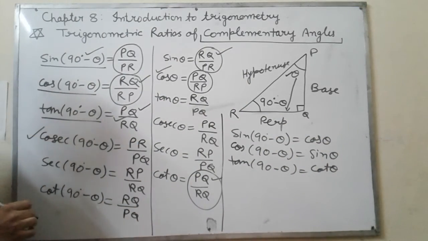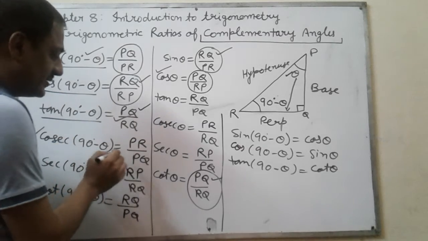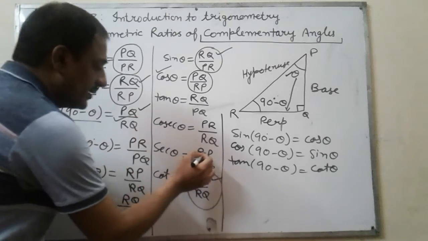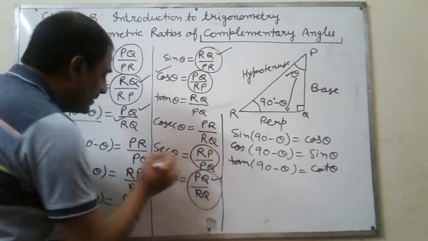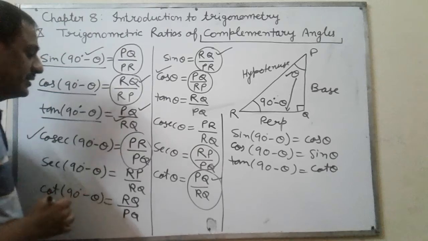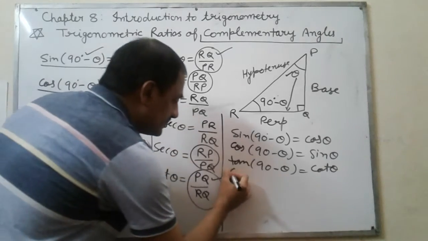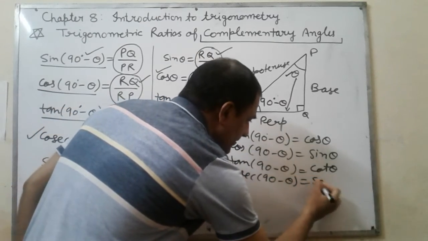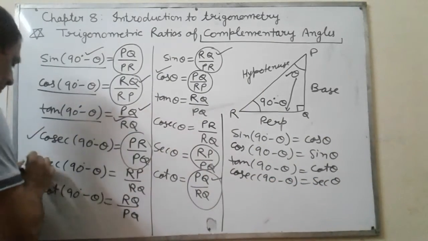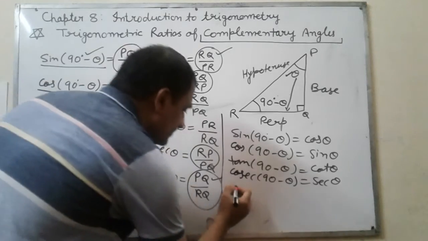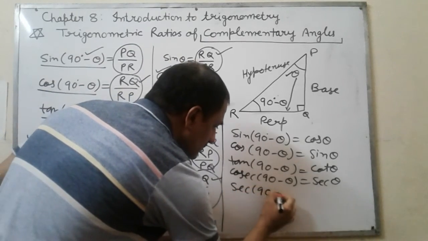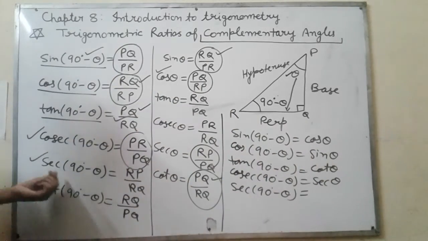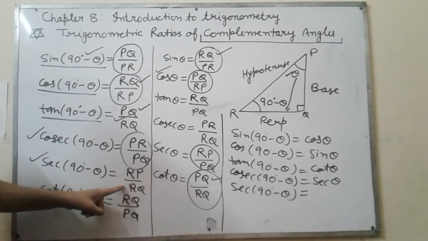For cosec 90 minus theta, it is equal to PR upon PQ. Here PR upon PQ is here. It means the right hand sides are equal, then cosec 90 minus theta is equal to sec theta. For sec 90 degree minus theta, it is equal to RP upon RQ.